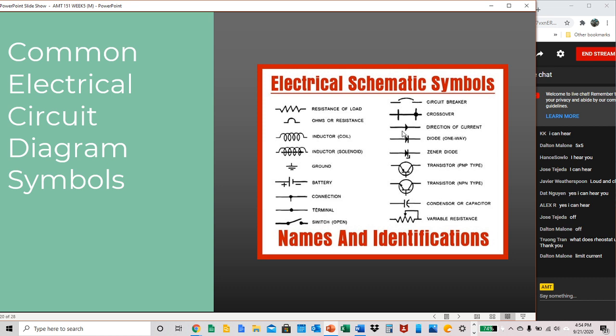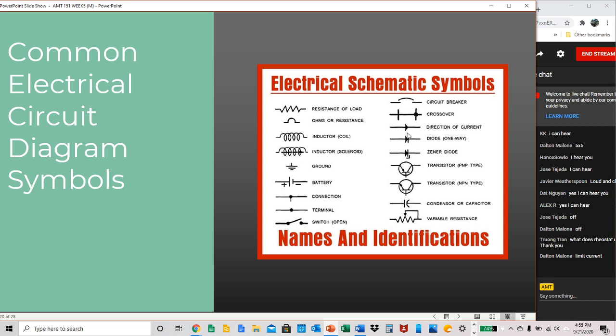You will see this symbol, direction of current, but it's not to be confused with the diode symbol. So here you see the diode, one-way diode, and Zener diode. If a schematic is showing you the direction of current, you're just going to have this arrow.